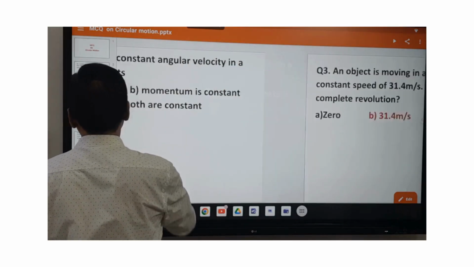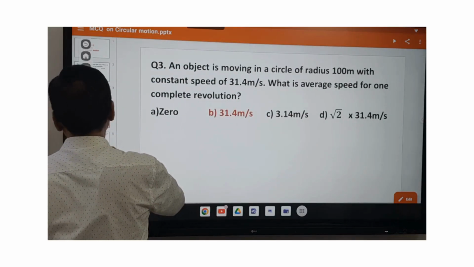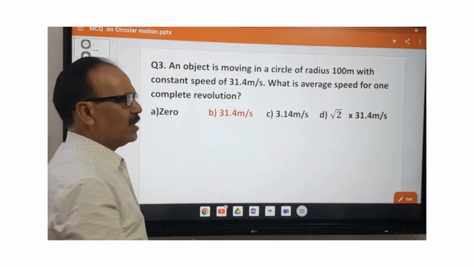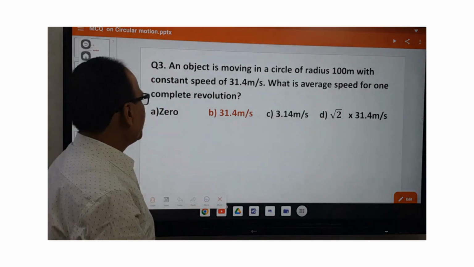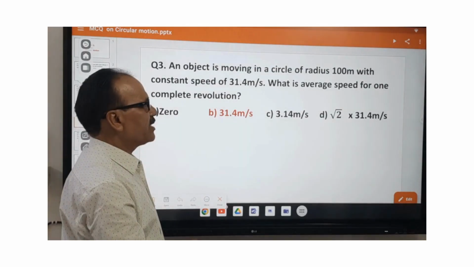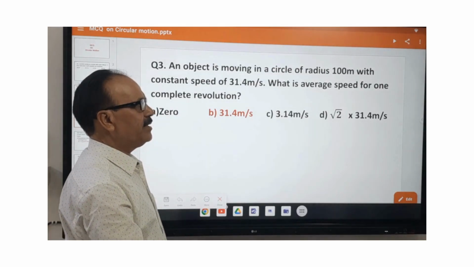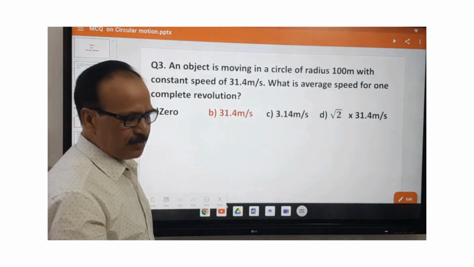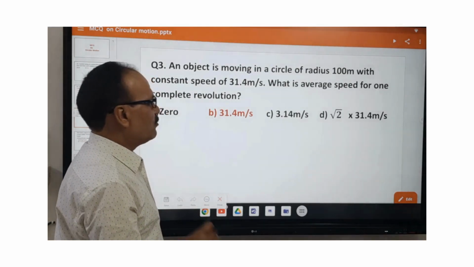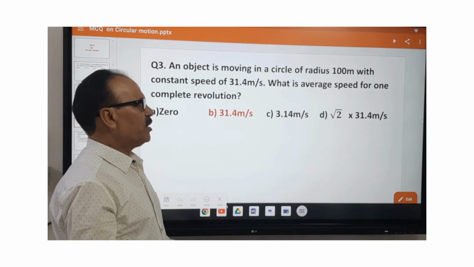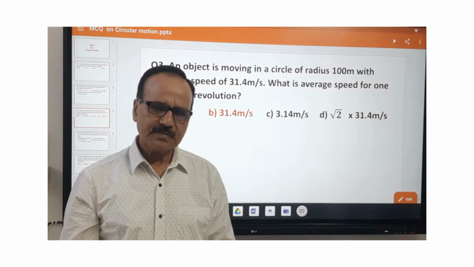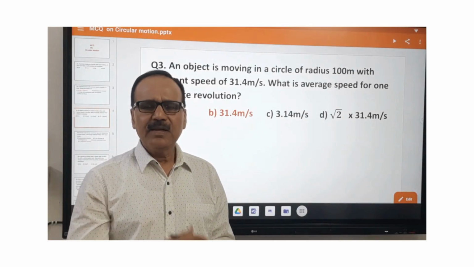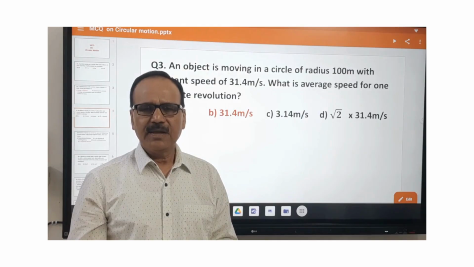Next, question number 3. This question is also related to a very simple concept. The question is, an object is moving in a circle of radius 100 meter with a constant speed of 31.4 meter per second. What is the average speed for one complete revolution? Here, the speed is constant.